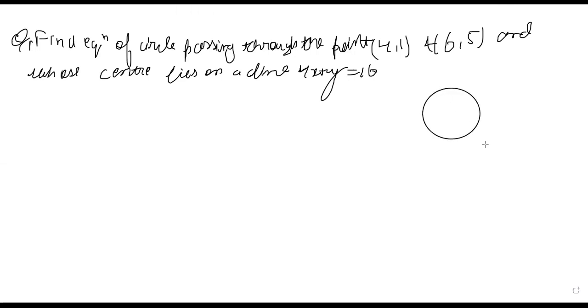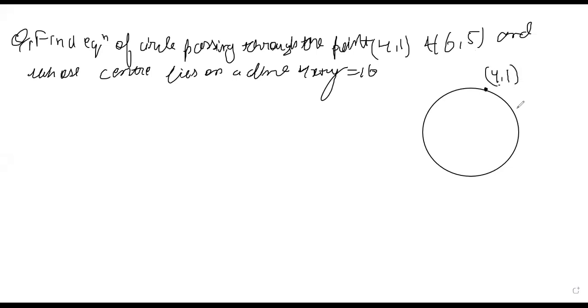See, there is a circle given, in which the circle is passing through the points 4, 1 and 6, 5. Means if we take anywhere on the circle 4, 1, yes, the circle is passing through 4, 1 and also through 6, 5. So suppose we take 6, 5 here.